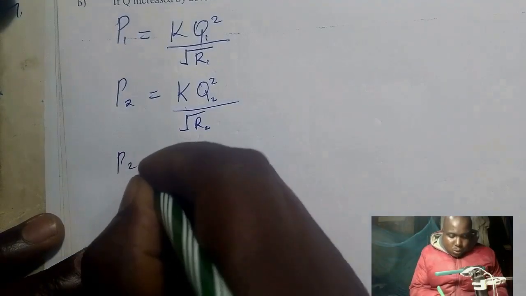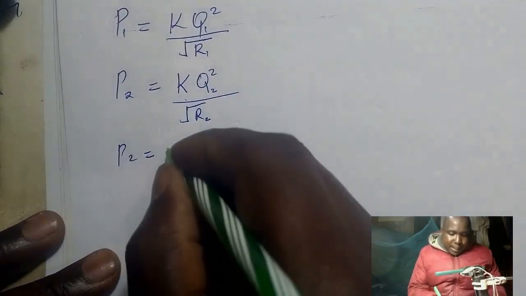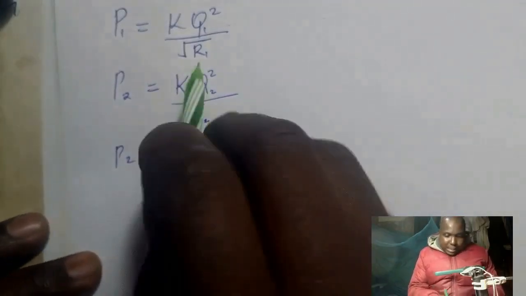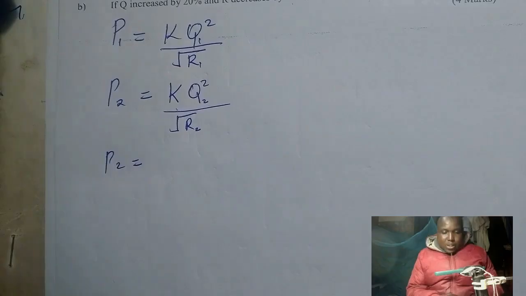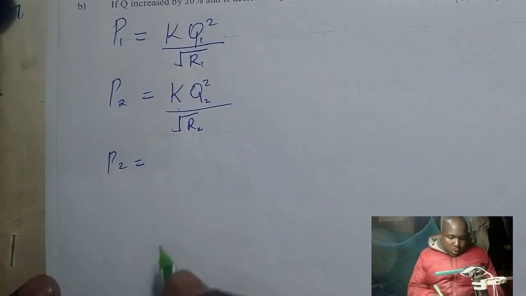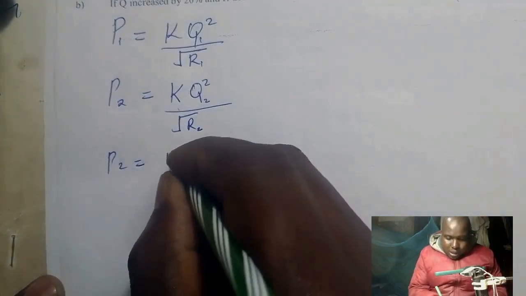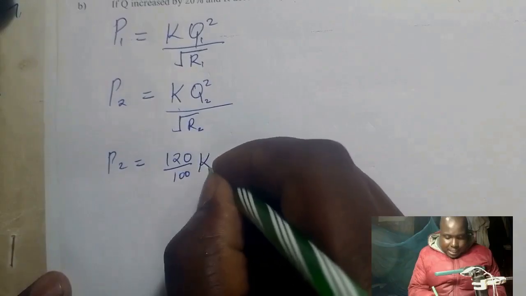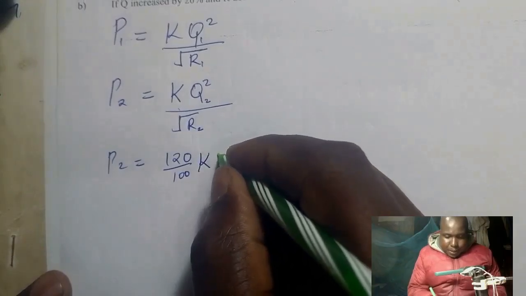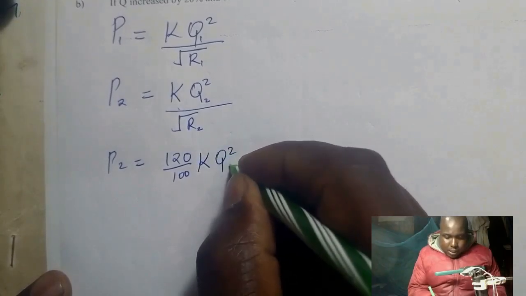Now let us increase. So P2 is going to be, we are going to increase Q by 20. When you increase, initially it is 100%, so it is going to be now 120. So we are going to have 120 over 100 k Q squared.